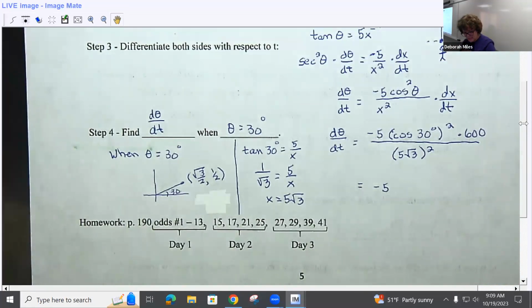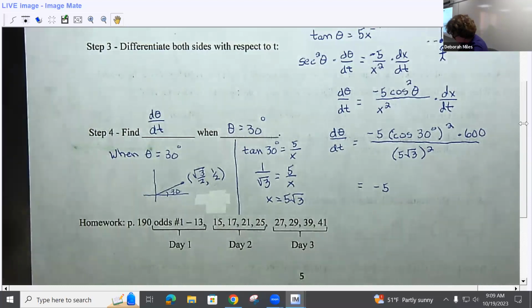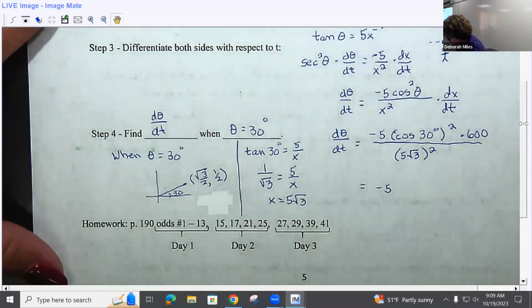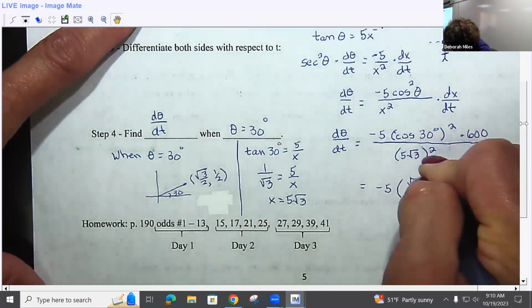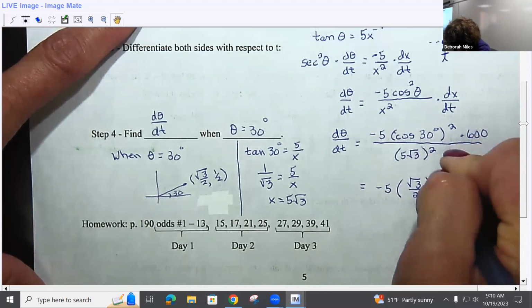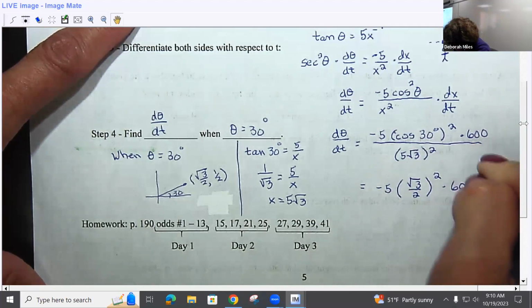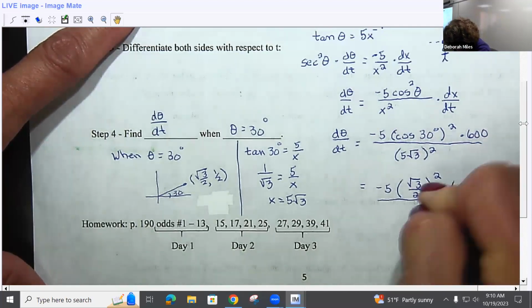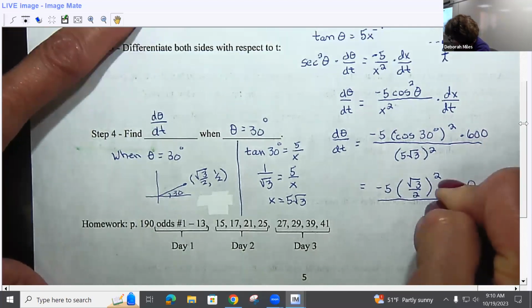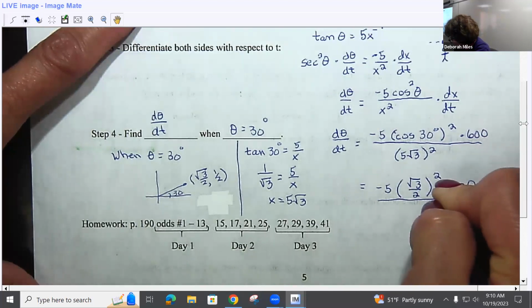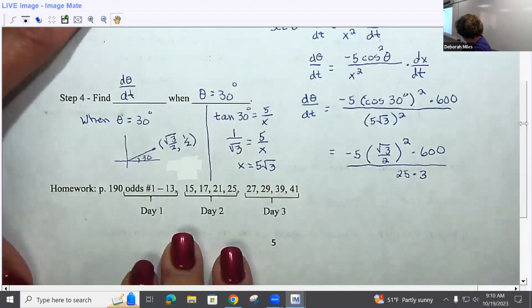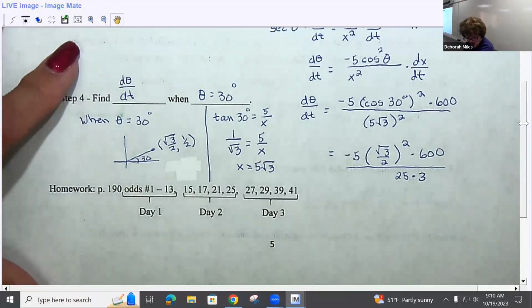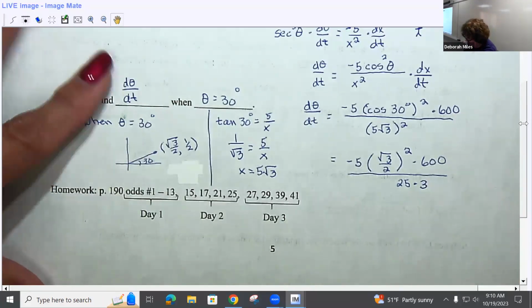Cosine of 30 degrees is square root of 3 over 2. I need to square that. Square the denominator. And I'm just going to say dot, dot, dot.